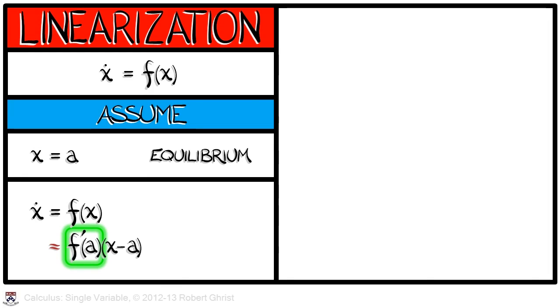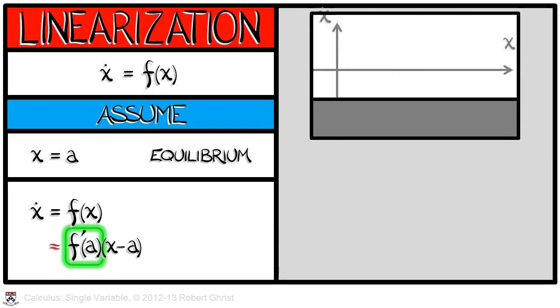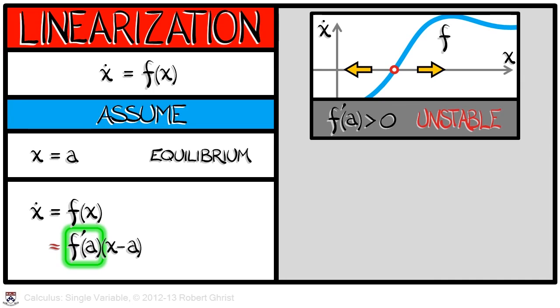To linearize, we drop the higher order terms and look at the coefficient in front of the linear term. This coefficient is f prime at A, the derivative of f at the equilibrium. Now, what does this mean? This means that if the derivative is positive at A, then what? Well, to the left, x dot is negative and x is decreasing.